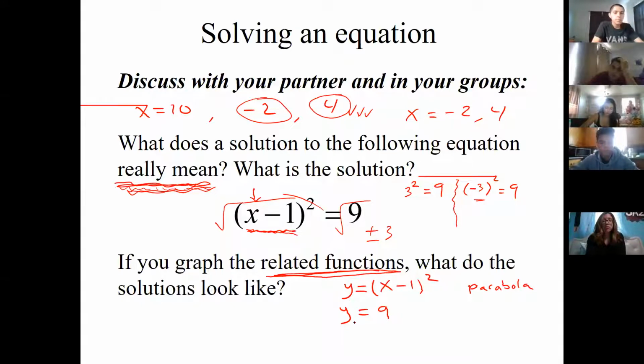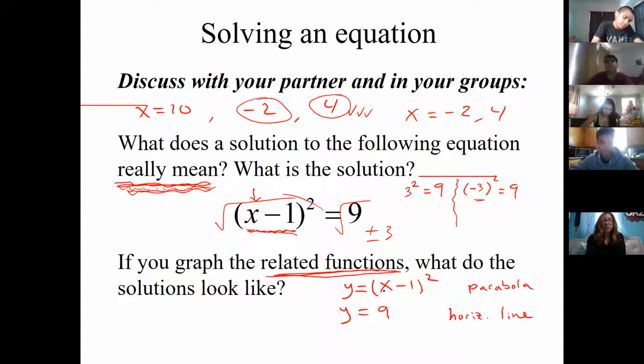If I graph this, what would I see? A horizontal line. Horizontal line, very good. So I would see a horizontal line at y equals 9, and I would see a parabola.